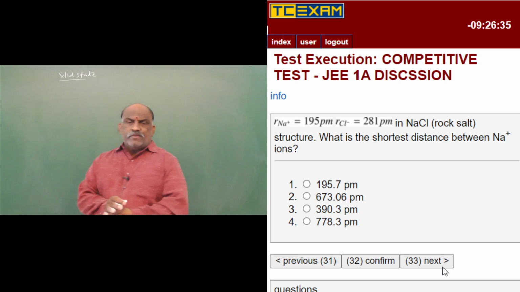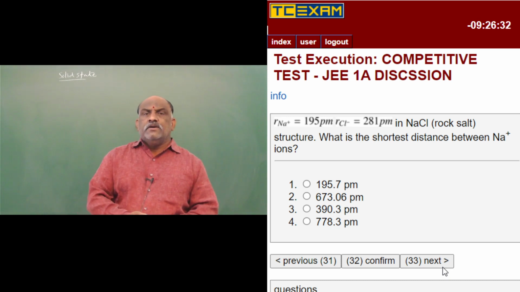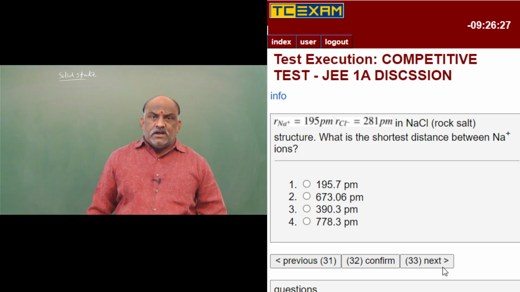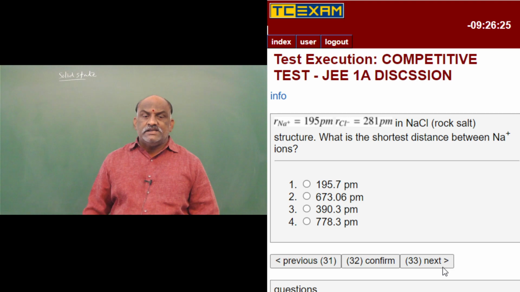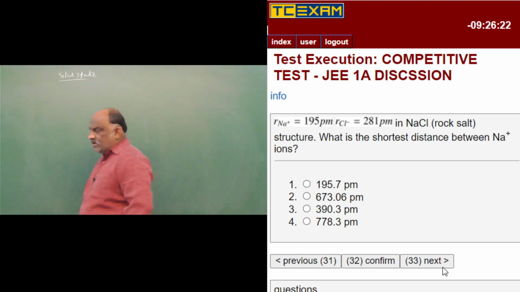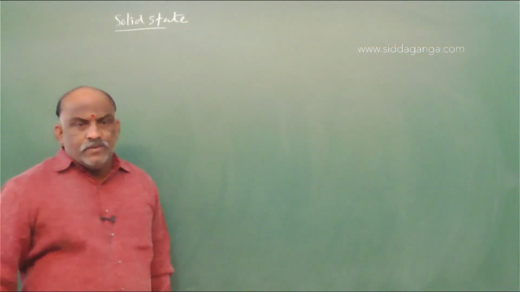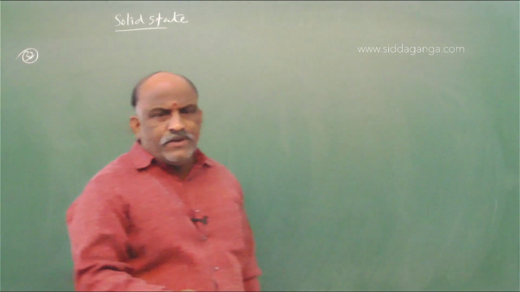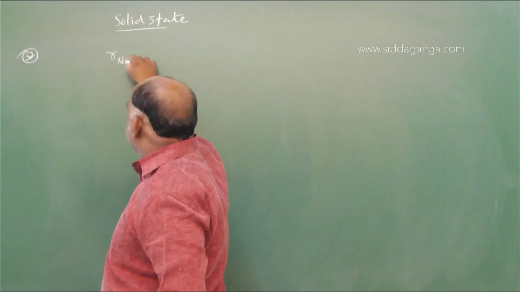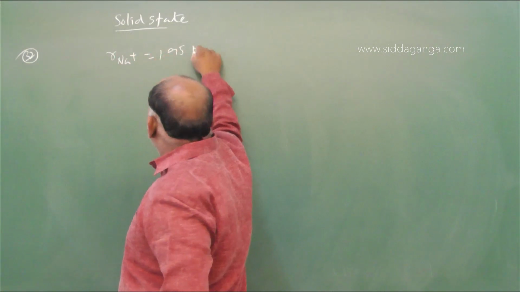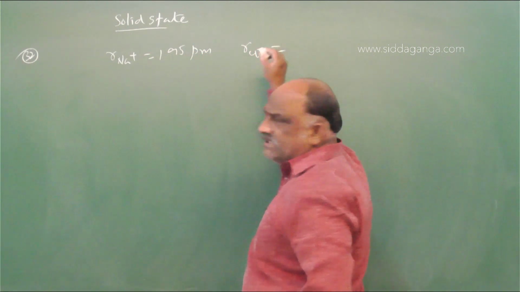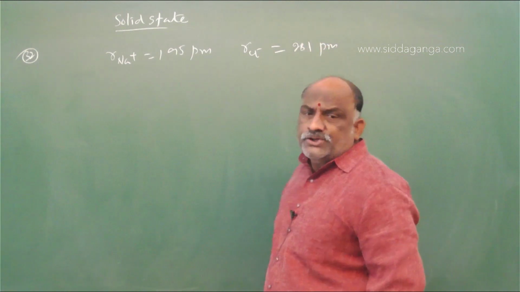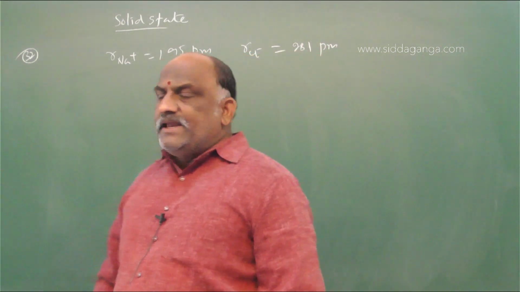We already did this type of numerical in the previous question: r plus plus r minus, into 2, is equal to a. We did the edge length calculation because sodium chloride is an example of a face centered cubic unit cell. So for 32, Na plus is 195 picometers, Cl minus is 281 picometers. Shortest distance between Na plus ions.